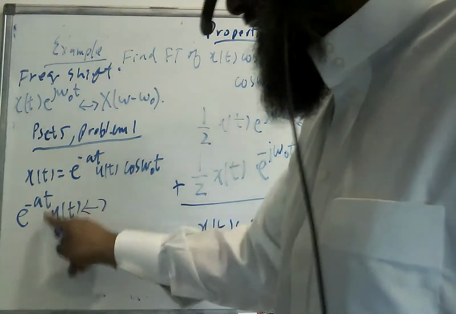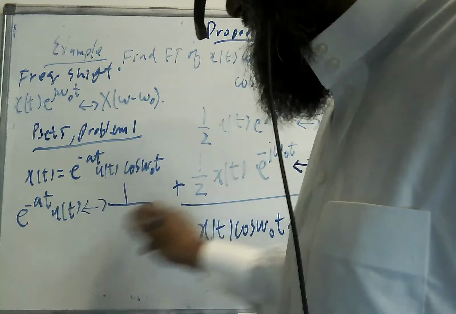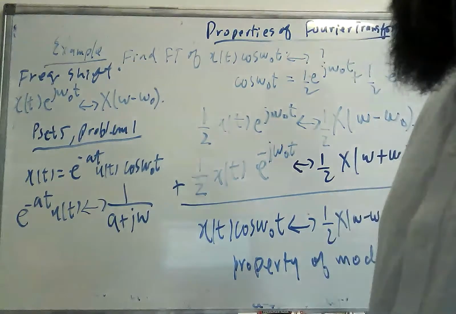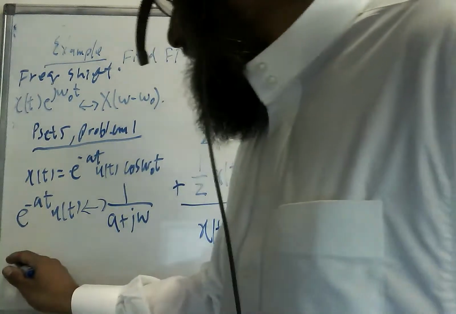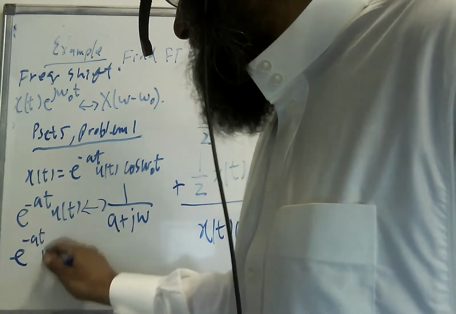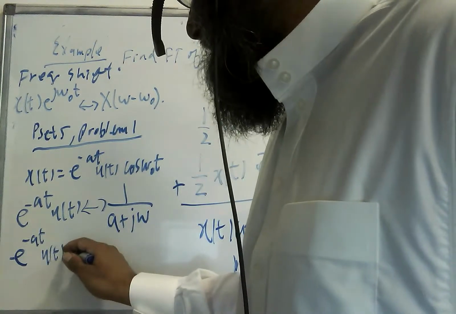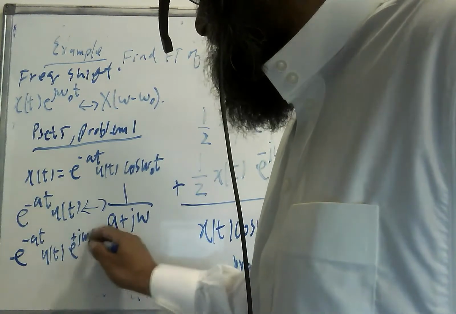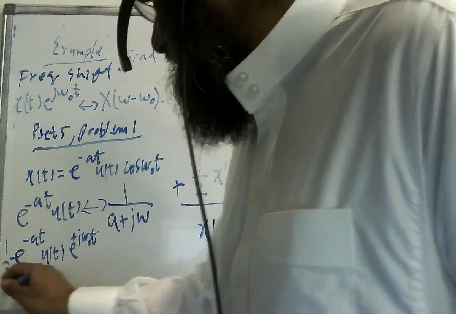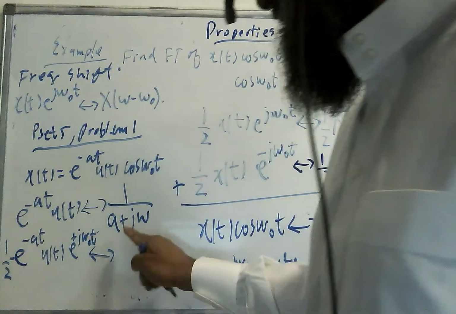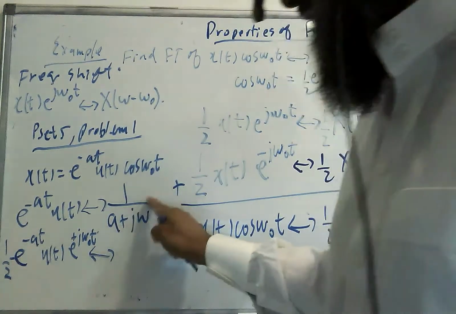So the Fourier transform of e raised to minus at u of t, we know this is 1 over a plus j omega.